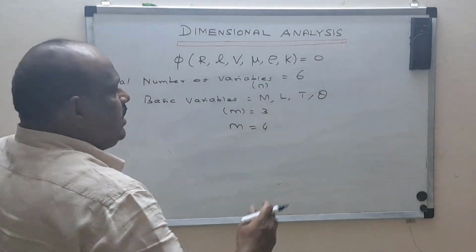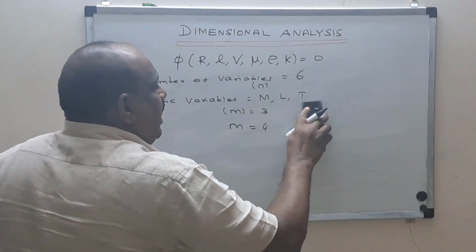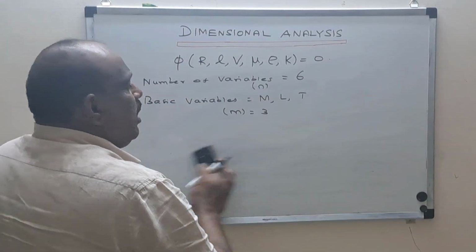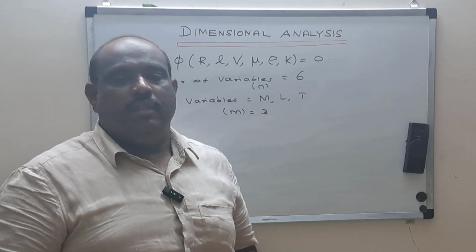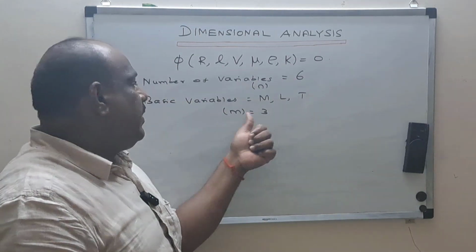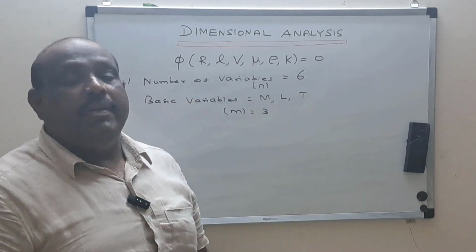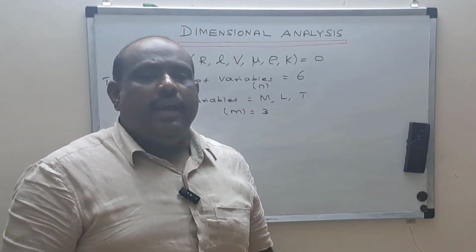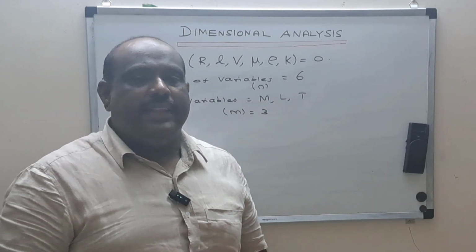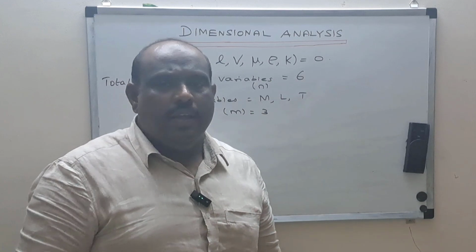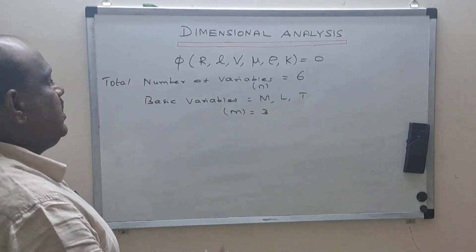But in most cases we are not considering theta, and hence m equal to 3. So if there is no indication of temperature in the problem, it is enough to go with these 3 parameters. But whenever there is heat transfer and a temperature involved, definitely you have to consider m equal to 4 rather than 3. You have to keep that in mind. Okay, fine. So this is m.